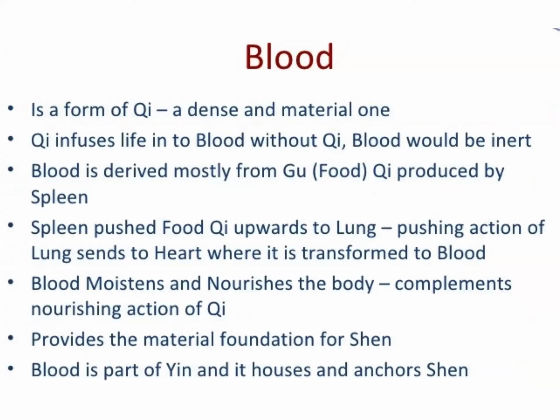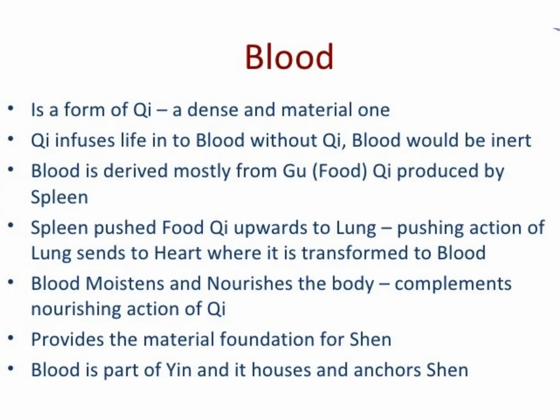Blood is a form of Qi, a dense and material one. Qi infuses life into blood, and without Qi, blood would be inert. Blood is derived mostly from gu qi, or food qi, produced by the spleen. Spleen pushes food qi upwards to the lungs, and then the pushing action of the lungs sends the gu qi to the heart, where it is transformed into blood.